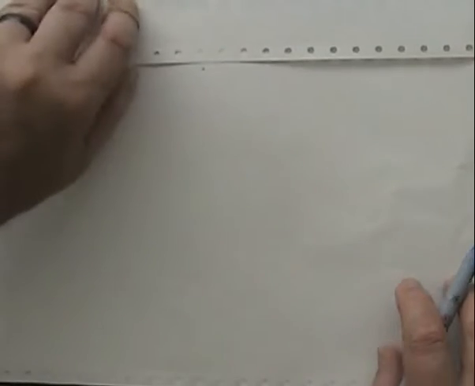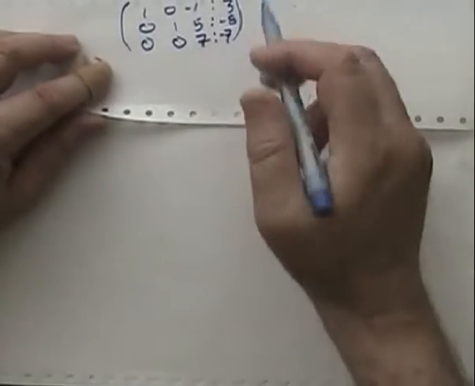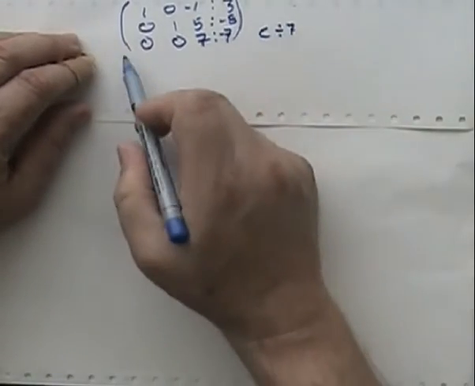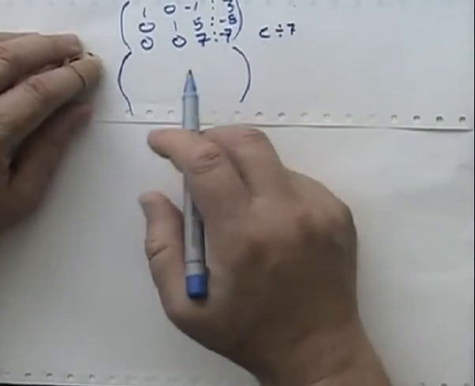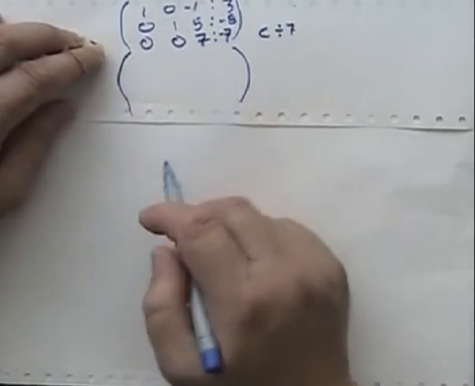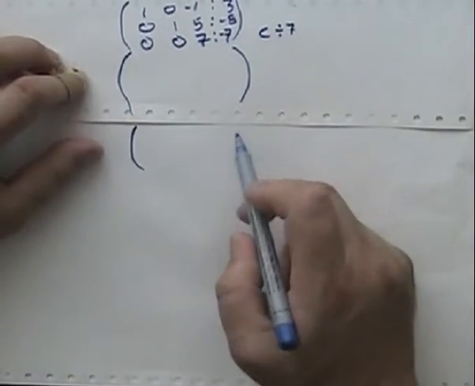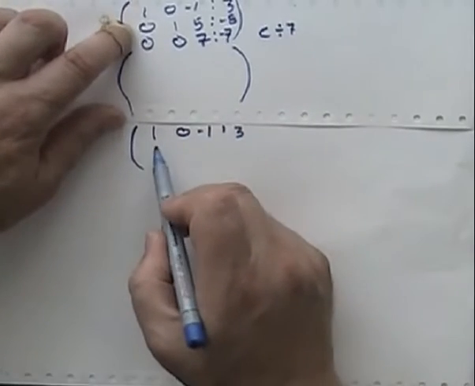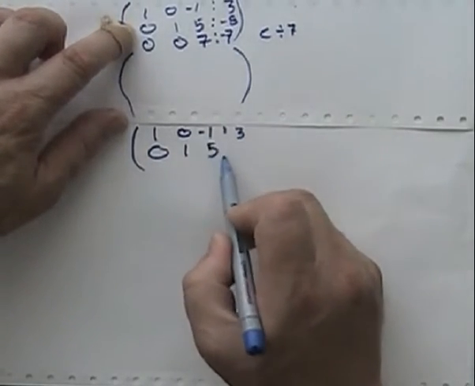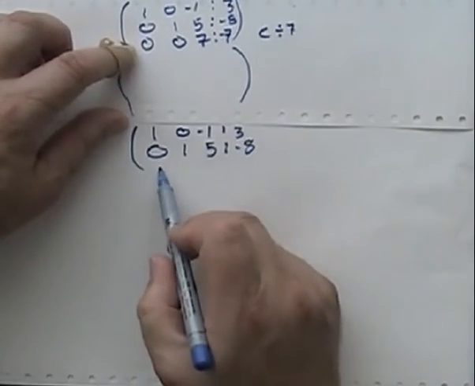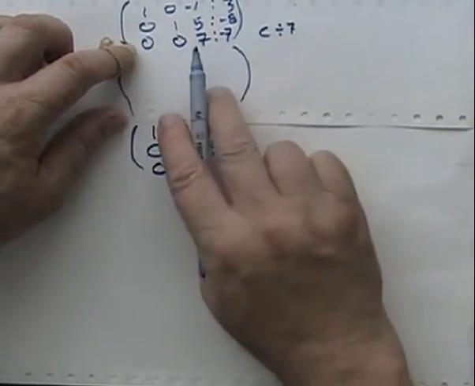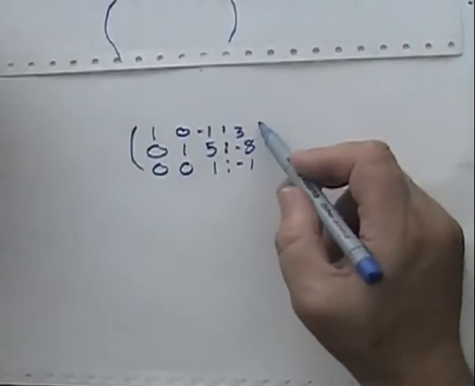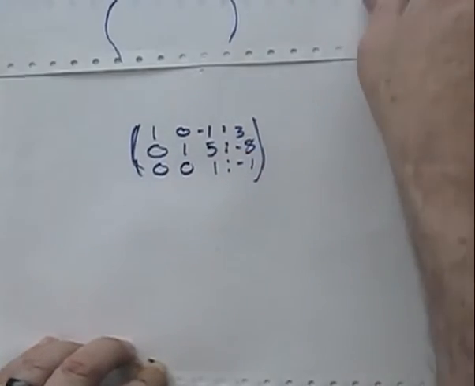The last thing we're going to do is row C divided by 7. So this doesn't change: 1, 0, -1, 3. 0, 1, 5, -8. 0, 0, and I divide that by 7, so 7 and -7 become 1 and -1. And that allows me to work out the solution.